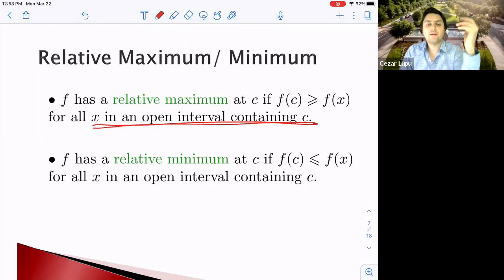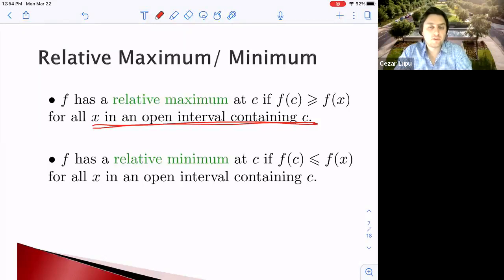Because in the case of the absolute max, we said that this happens for all x in the domain. Here it happens for all x in an open interval containing that point. So it's just a small neighborhood, not the entire domain. You see, it's on a portion, that is the relative min or max. It's not on the entire domain, right?